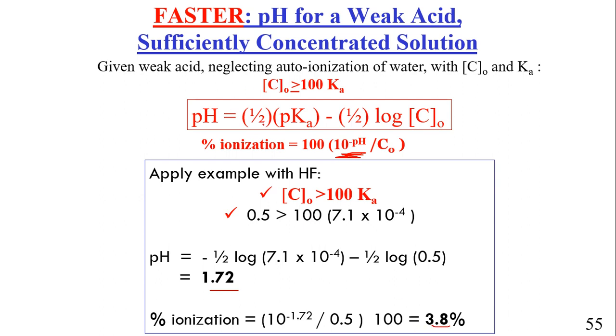I actually love this equation. I never learned it when I was an undergraduate student. That's too bad. It would have really saved me a lot of time. I don't have to think. Use it, guys. As well, you can also check at the end that pH is less than pKa minus 1.